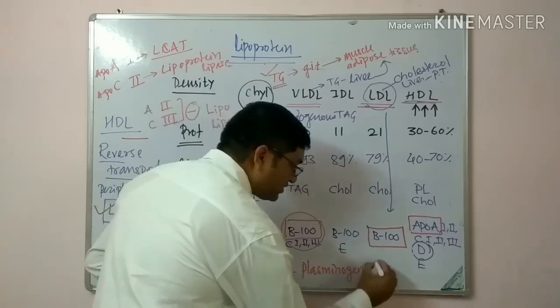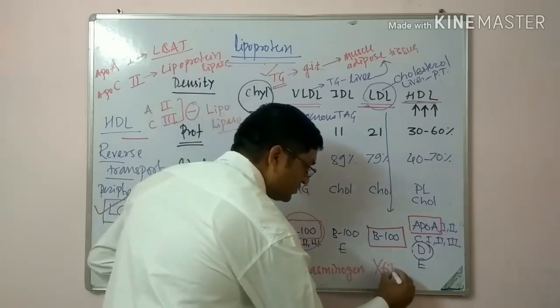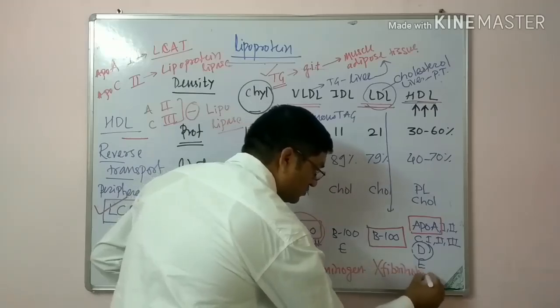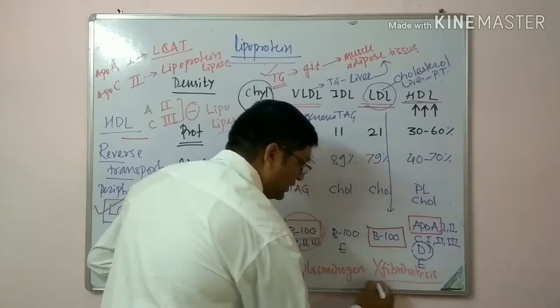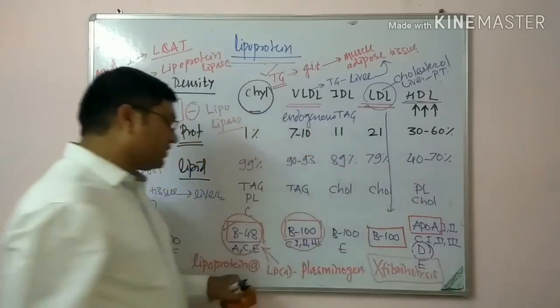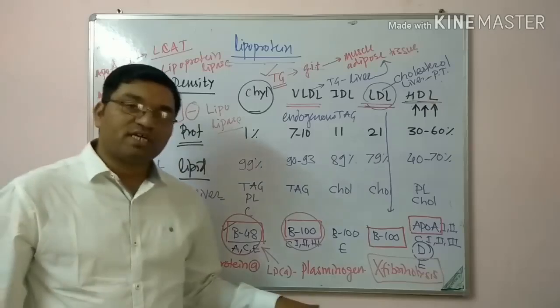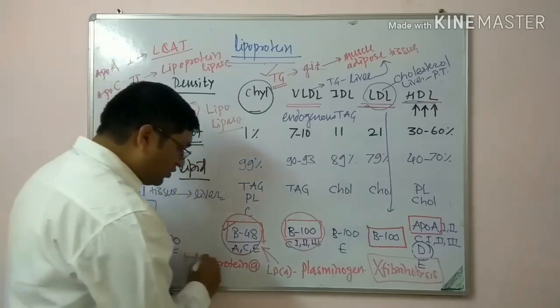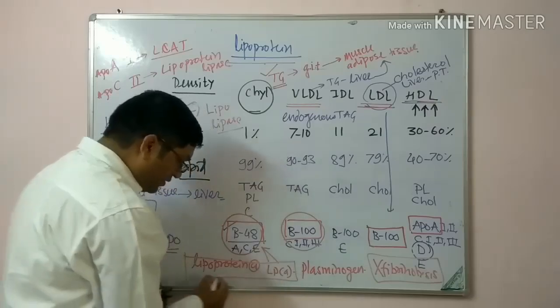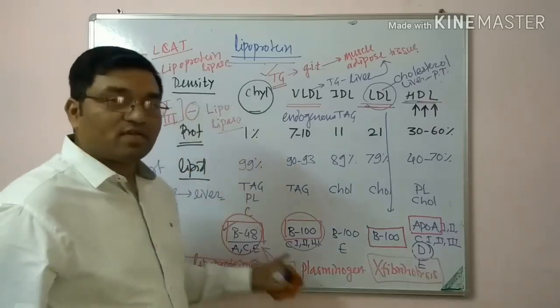It interferes with fibrinolysis. Hence, it is responsible for clot formation and atherosclerosis. That's why it is a bad lipoprotein. It is also known as little rascal.